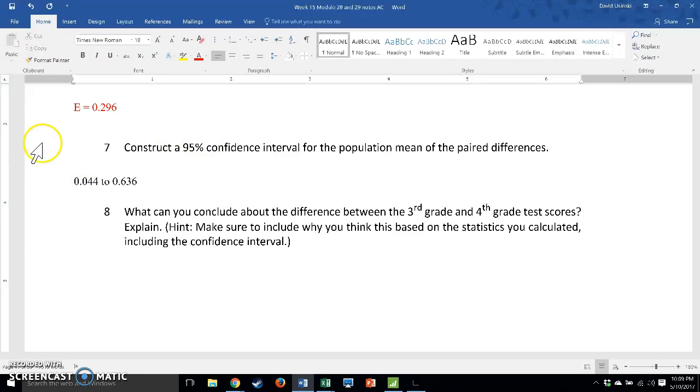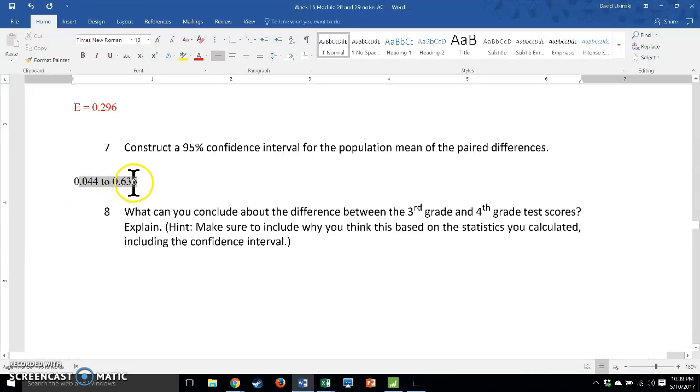All right, so what can you conclude about the difference in the test scores?